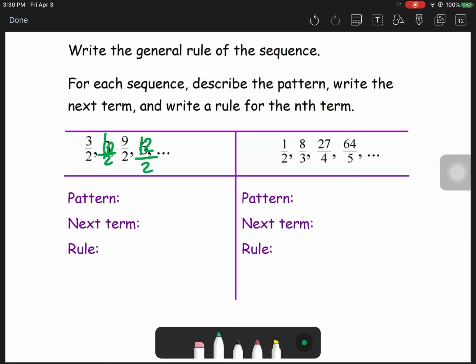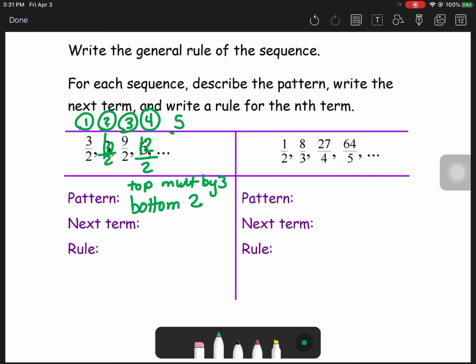So the pattern, we know that the bottom is always going to be 2. On the top, we want to use that position that we're in. 1, 2, 3, 4. So what's going to happen? If I take 1 times 3, 2 times 3, 3 times 3, 4 times 3, it looks like the top is going to be multiplied by 3.